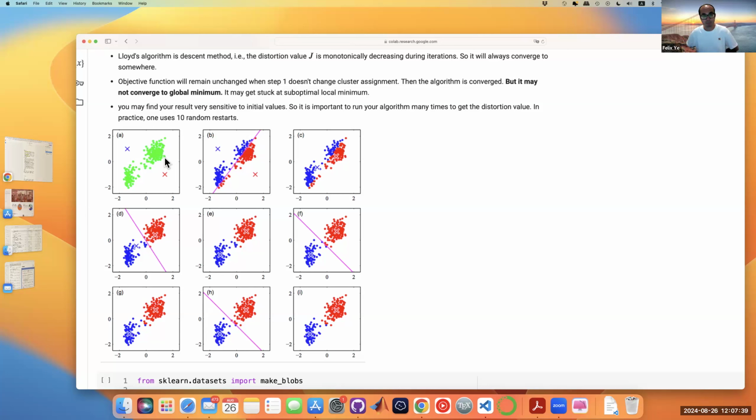Then you run this 10 times to see which one has the lowest distortion value, which is our objective value. Then you pick the corresponding one as our optimal clusters and our membership assignment. All right, so this is the theory. In the next part, we're going to talk about the coding.